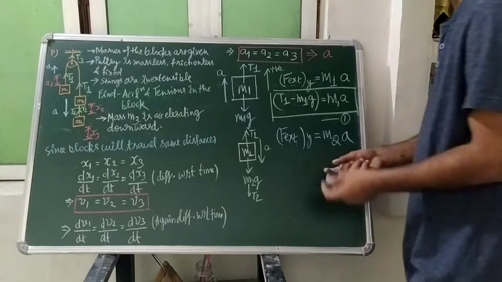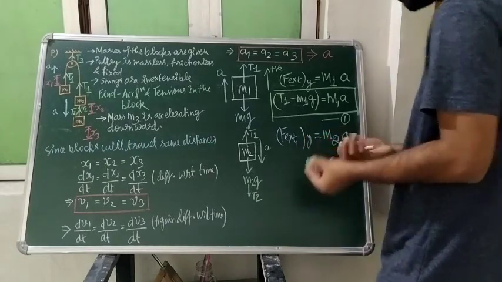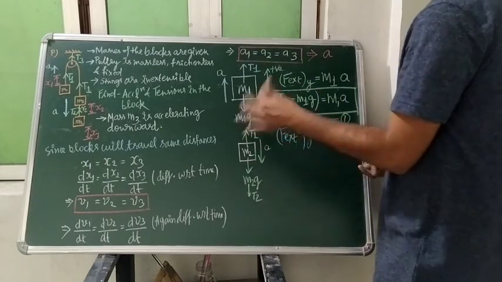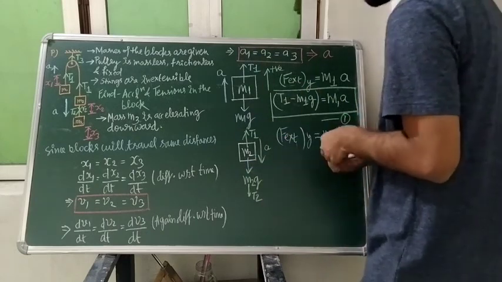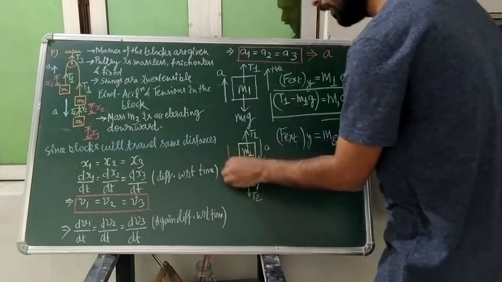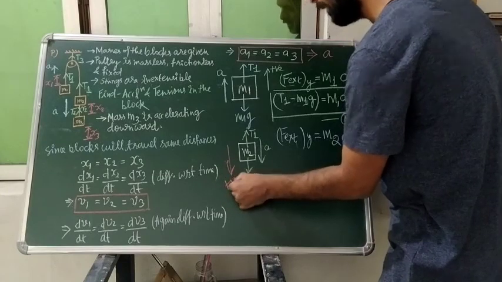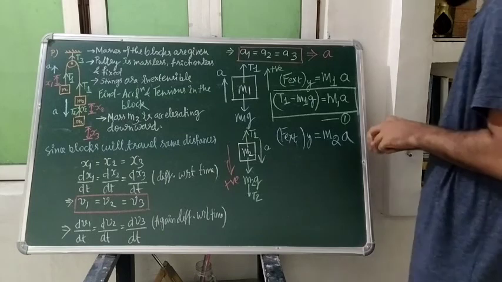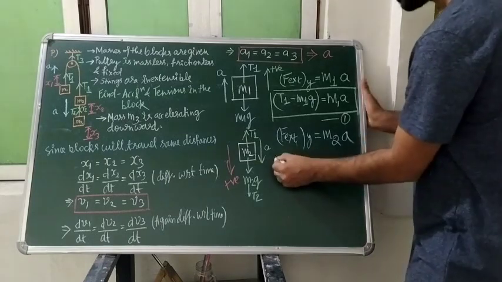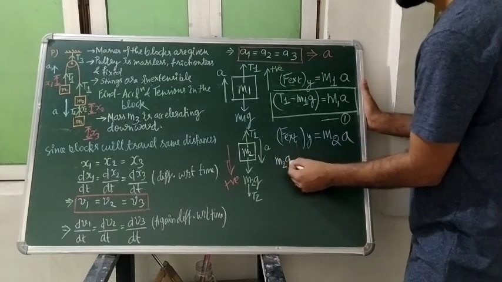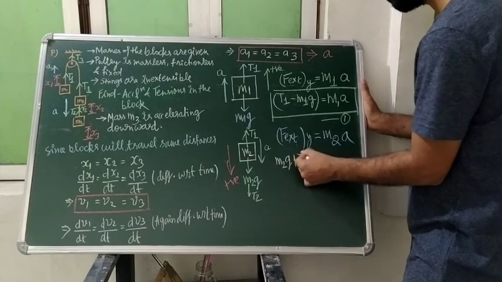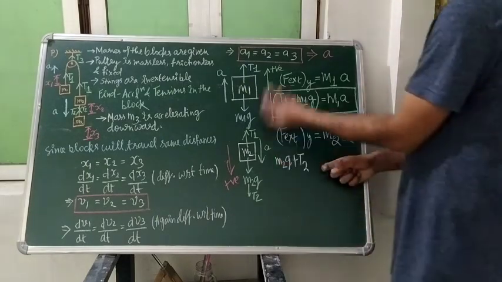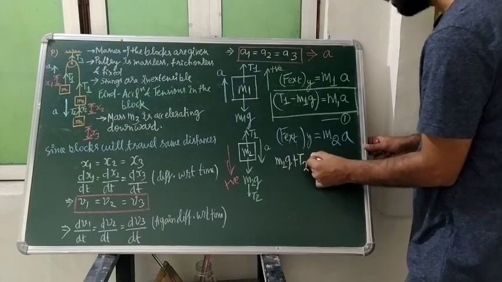Now suppose downside is positive, or you can take any direction as positive. So what will you get? m2g plus T2, and T1 is in the up direction, so minus T1.